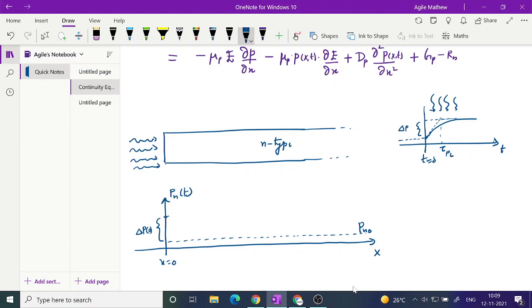So this delta P of 0 was, this 0 is with respect to, now here I cannot put the 0. So at infinity, when light is switched on, we have to look at delta P at infinity.